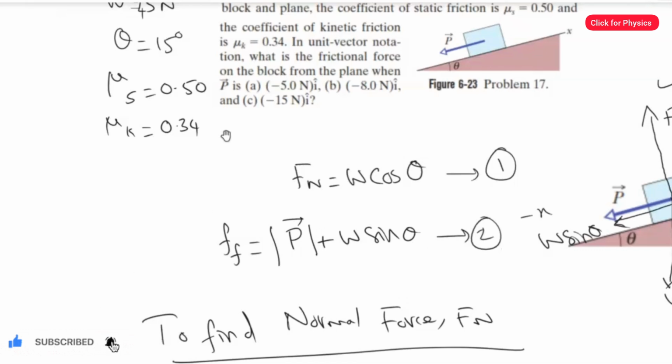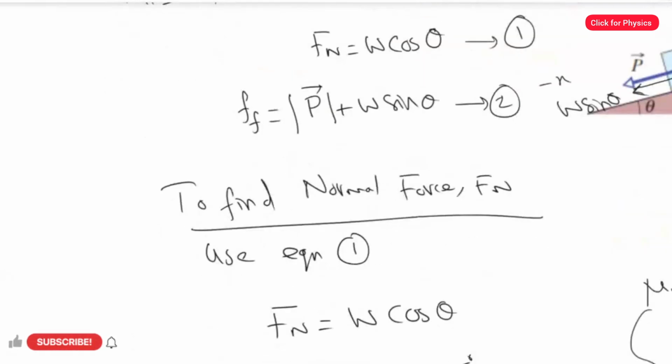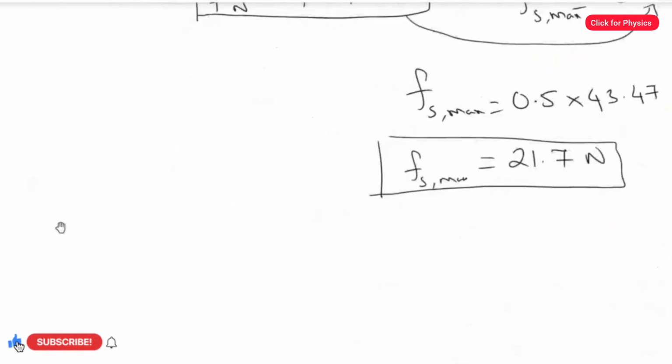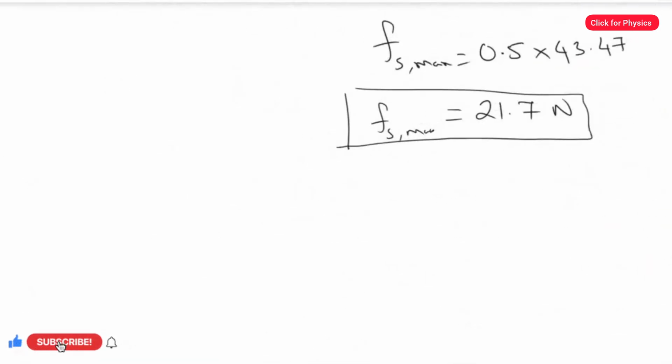Let's rewrite the second equation, and then substitute the value of P as minus 5 Newton. Our second equation is F, which is equal to the magnitude of the P vector plus W sine theta.